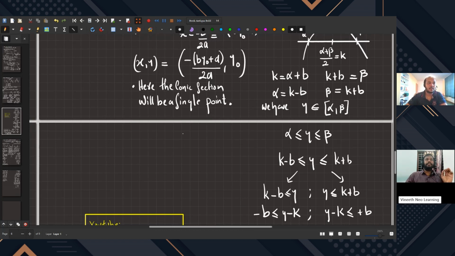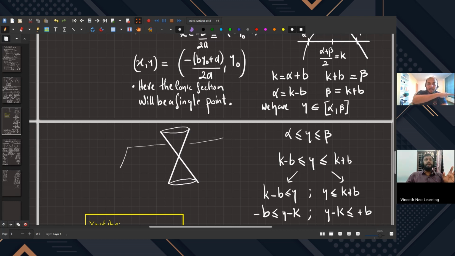For instance, if this is a cone, that is two cones, isn't it? If a plane cuts it horizontally at the tip, you will get a single point.